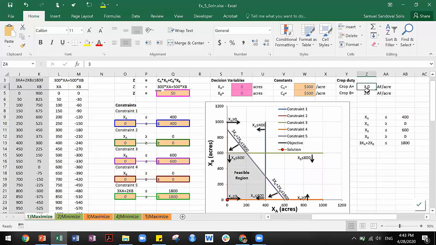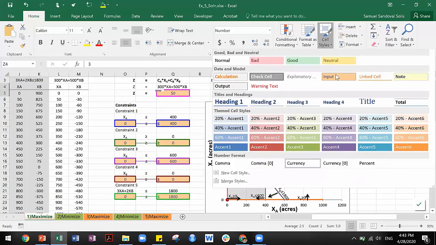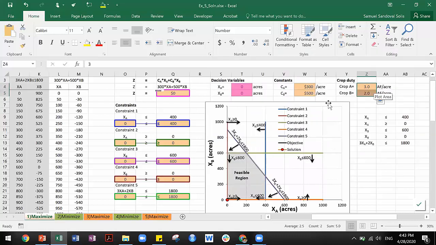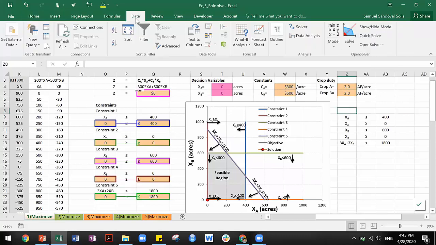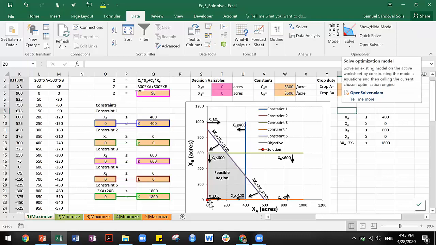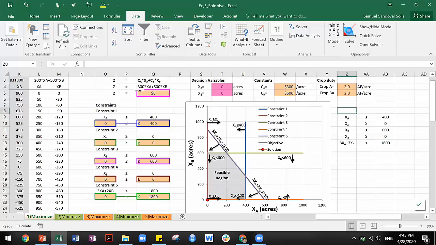This is actually also the duty, how much water is used per acre-foot, in an acre. So what you're going to do is set up this model. When we hit solve here, take a look at how this point is changing. It will try to go to the different corners. It will happen way too fast. But basically it will go to the corner that we know it is working here.